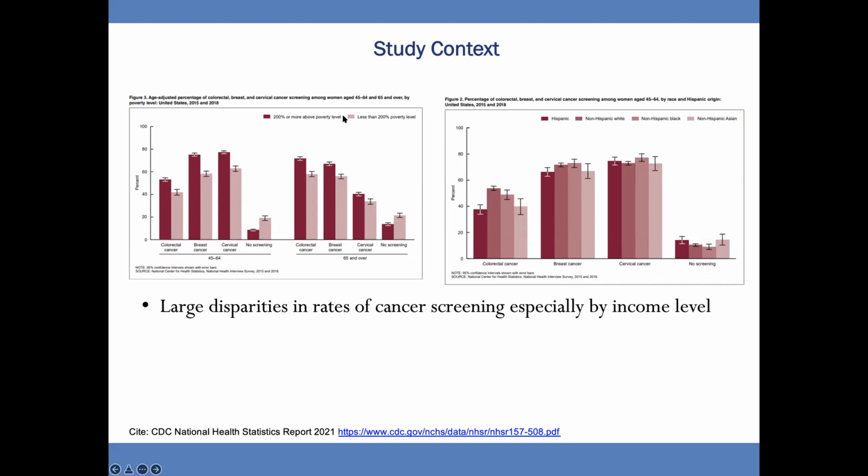If you look at the figure here, the people who have low income, and also the people who do not go to get the screening, have a very low rate of screening. And this figure on the right side shows that Hispanic people, some minority demographic populations, also have lower screening than the white group.